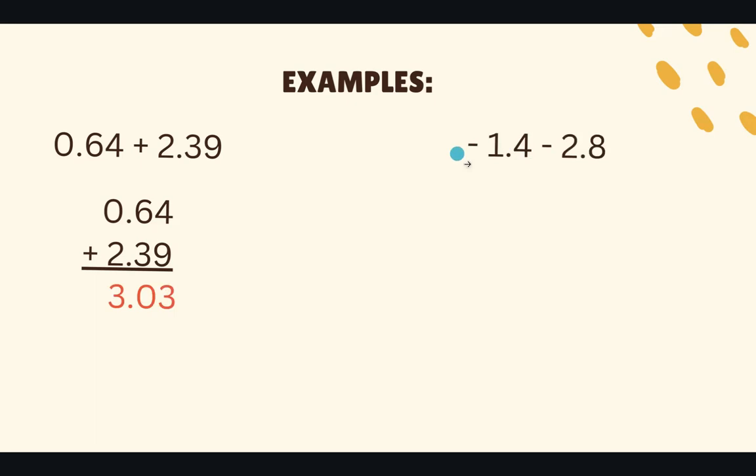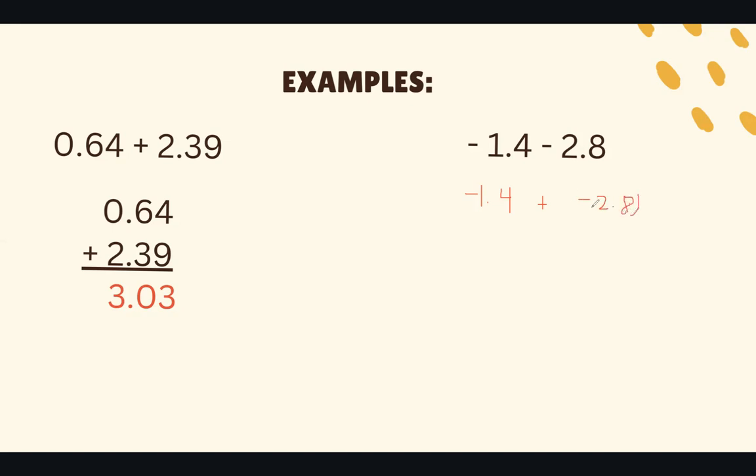Next, negative 1.4 minus 2.8. Since we have different signs, negative 1.4 minus positive 2.8, we need to follow the KCC rule. So keep the minuend, that is 1.4, minus will become plus, and positive 2.8 will become negative 2.8.